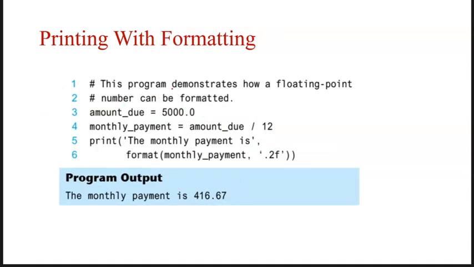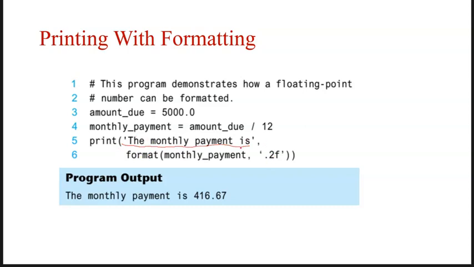So the first option is you can use the round function. But typically when you're dealing with the print statement, we'll be using format to format the number. You can see that we have typed in the string, and after it a comma.